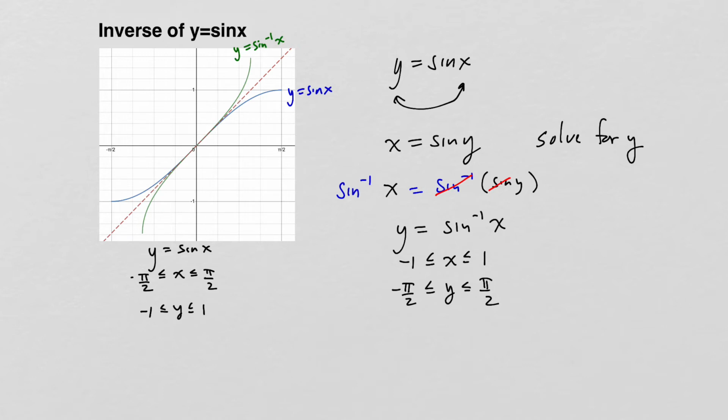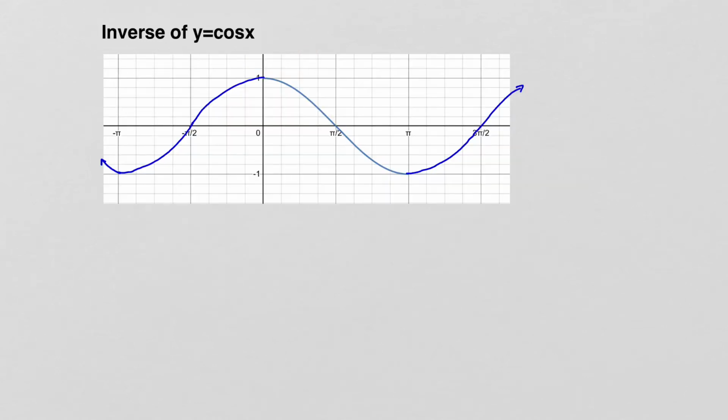Let's talk about cosine. To find the inverse of cosine, we have the same problem. The cosine graph is not a one-to-one graph. If you draw any horizontal line, you are going to hit the graph many times. So what we do for cosine is we erase all the negative values of x, and we also erase all the values of x past pi.